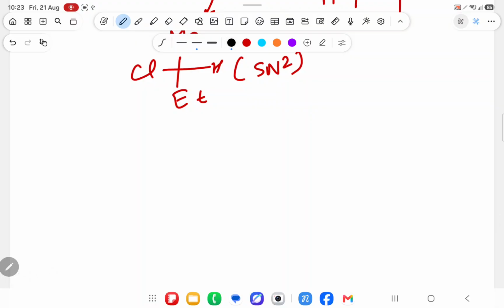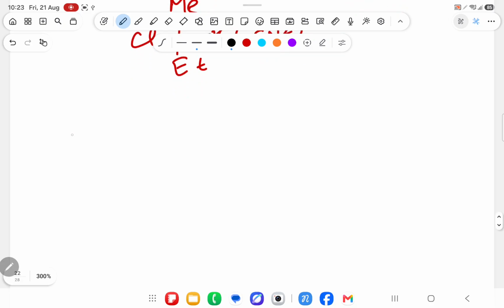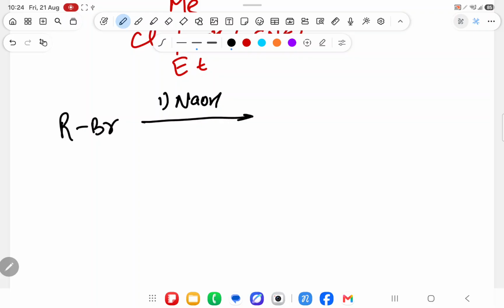Suppose I take one question over here. They have written some RBr. Don't write it the other way, you will get confused. Suppose over here RBr is there. That will first react with NaOH. Then second, react with PCl3.